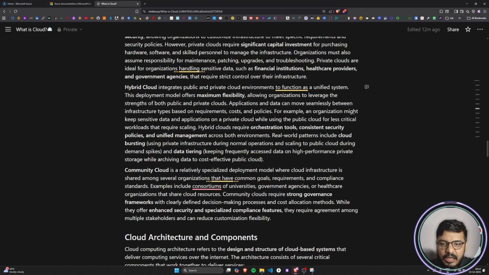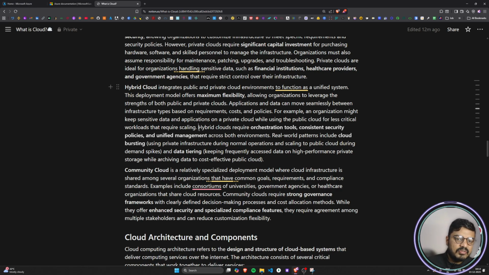For example, an organization might keep the sensitive data and applications on the private cloud while using public cloud for less critical workloads and requiring scalability. If I talk about a bank, right? The bank can handle, let's suppose, any kind of transactions, and store the credit card details, bank details, account details on a private cloud.